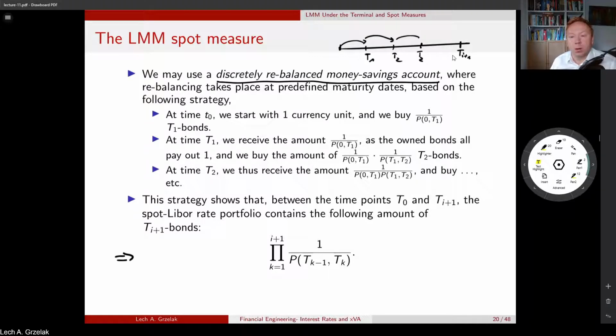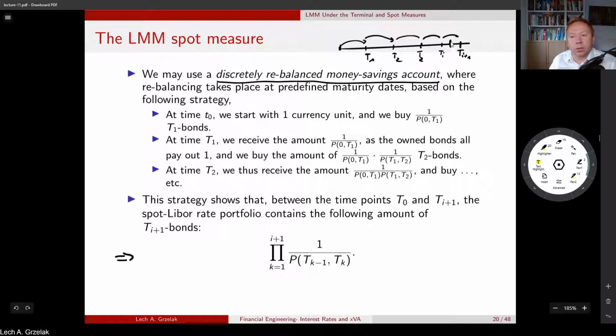We still have to link this. It is nice because we can define the structure on this discrete grid, but it still doesn't answer the question of how to define the amount if we are at a point in between. So we can define it slightly differently. We have this compounding until time t_{i+1}.